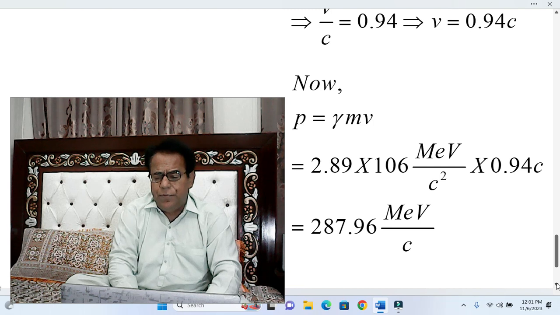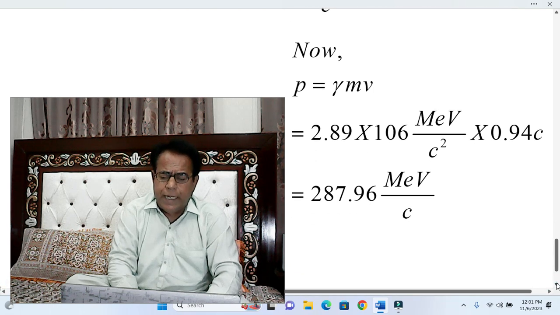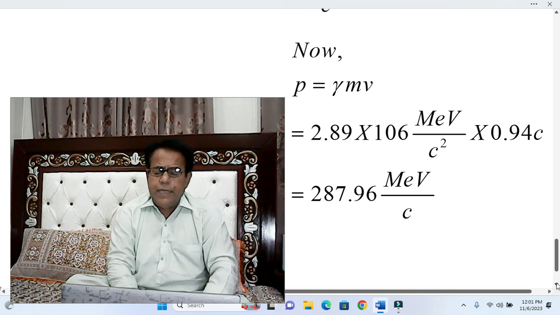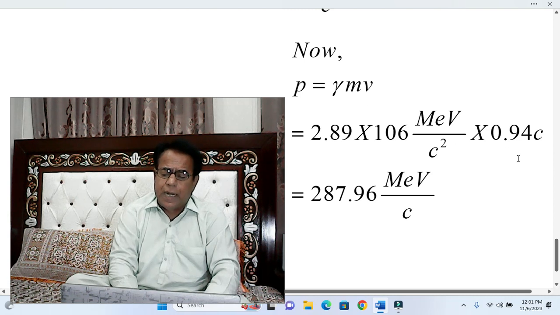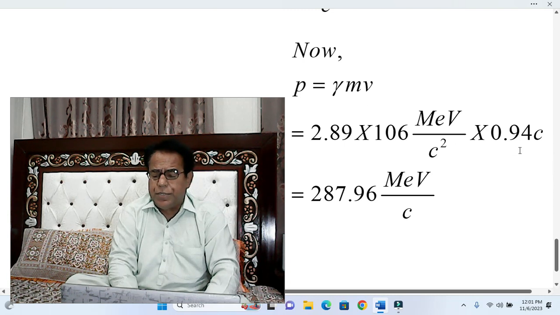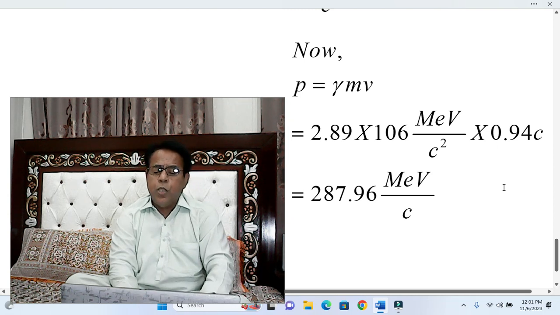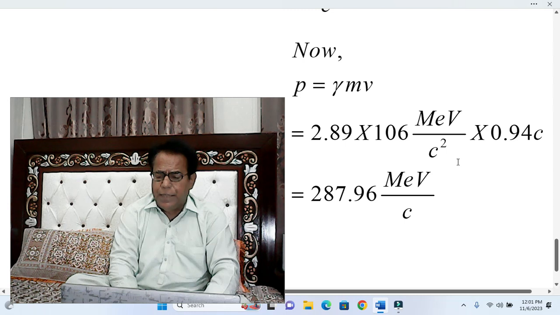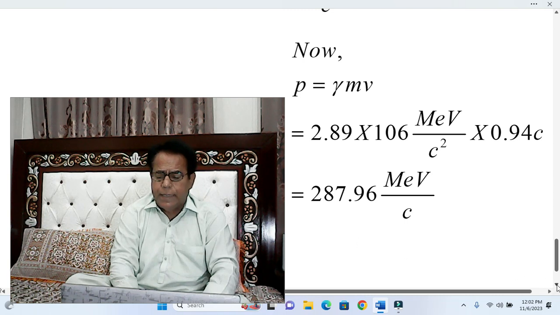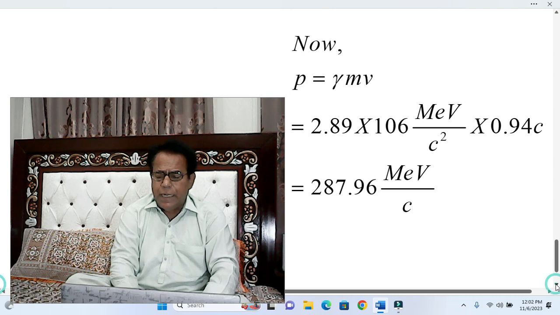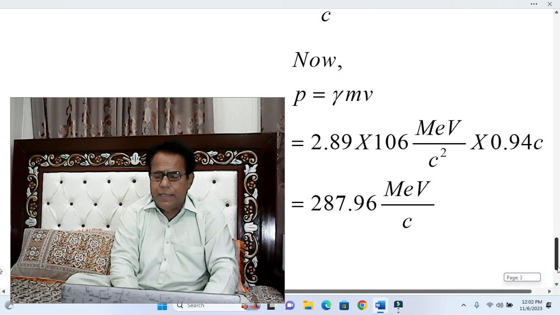So gamma, we have found the value as 2.89, into, in place of m, we have used its alternate value, that is 106 million electron volt over c square, into, in place of v, we have used its alternate value, that is 0.94 c, which we found in the previous step. So from here one c will be cancelled, and our relativistic momentum P will become equal to 287.96 million electron volt over c, where c is the speed of light.